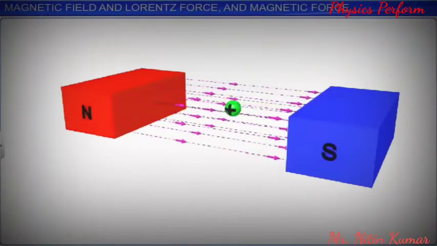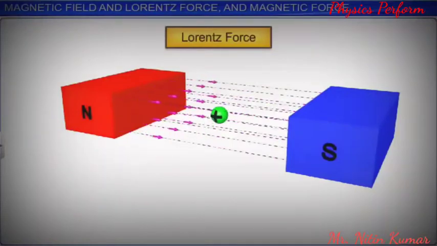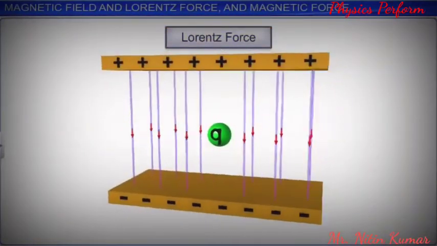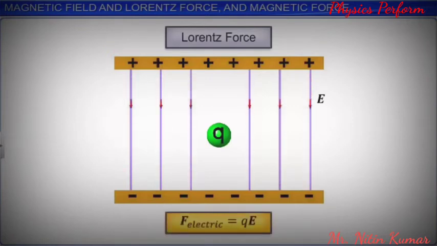Now let us learn about the forces acting on a moving charge in the presence of both an electric field and a magnetic field, which is called Lorentz force. Consider a charge of Q coulomb placed in a uniform electric field of strength E. Here, the force acting on the charge due to the electric field is F electric is equal to QE.